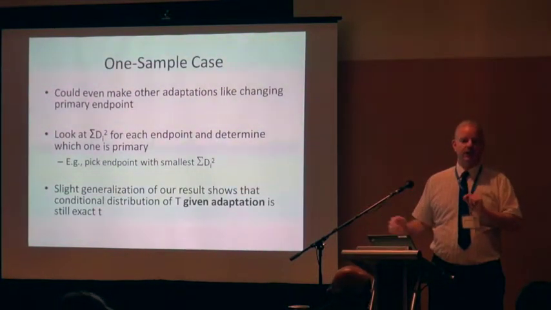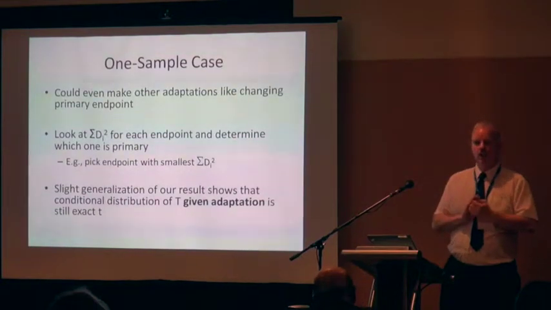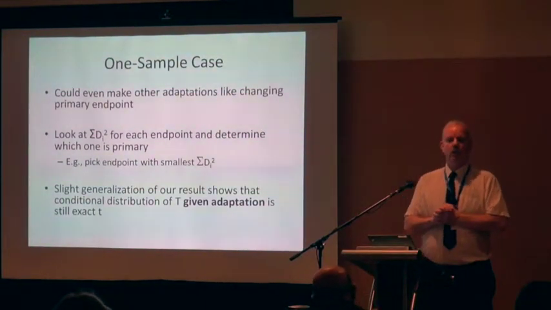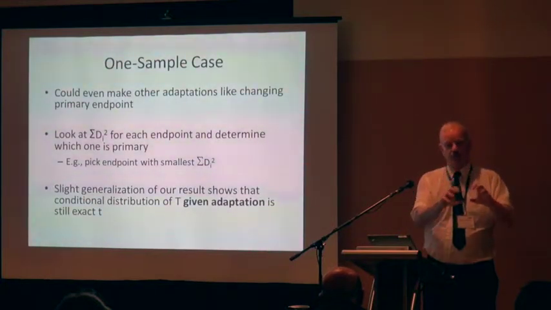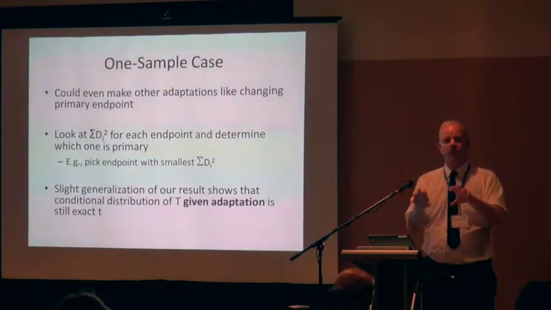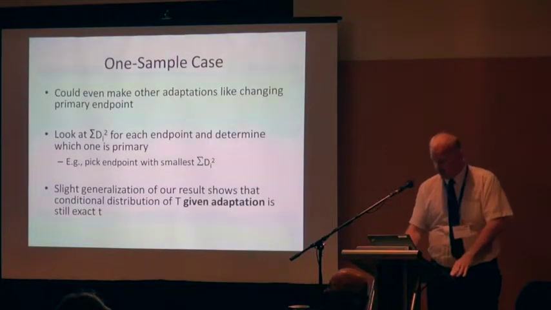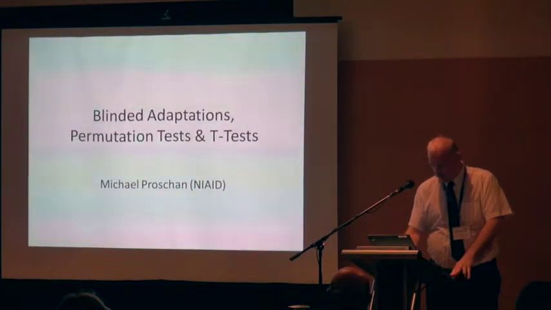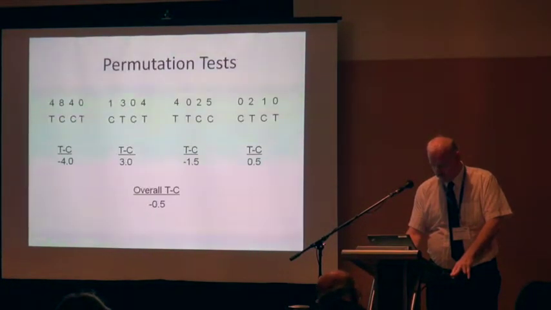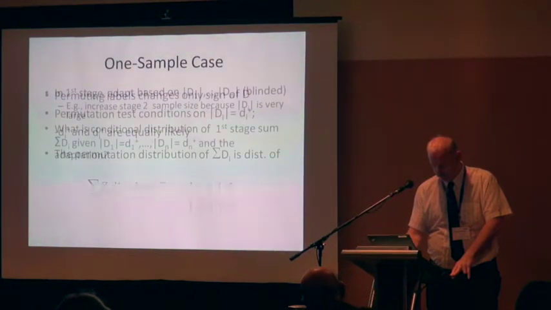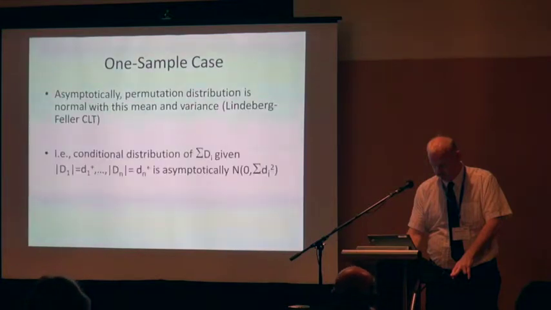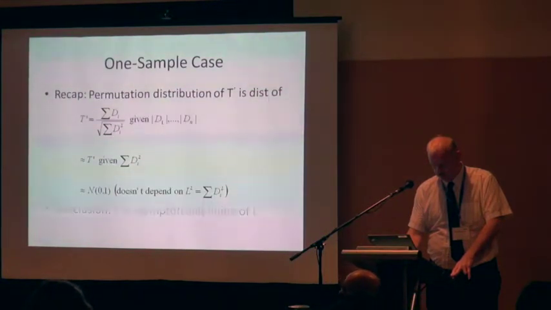Because you've increased N2 by that function, and you've appropriately weighted that data instead of using equal weights on those two stages. But that function is not dependent on the actual test statistic. The new sample size is not dependent on the actual statistic, right?